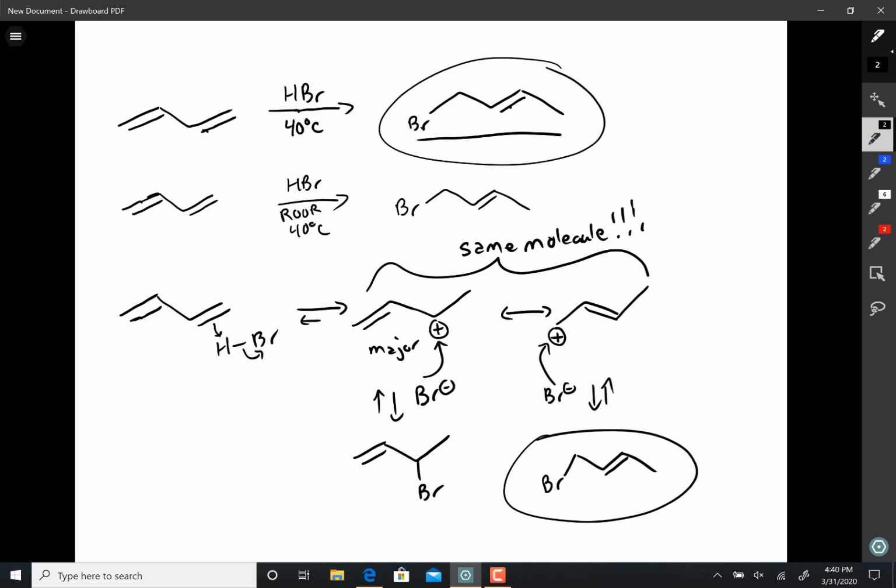Now, for the peroxide one, the peroxide mechanism starts out with an initiation step where the peroxide splits into two. And the resulting O radical steals an H from the HBr. And that generates a bromine radical.